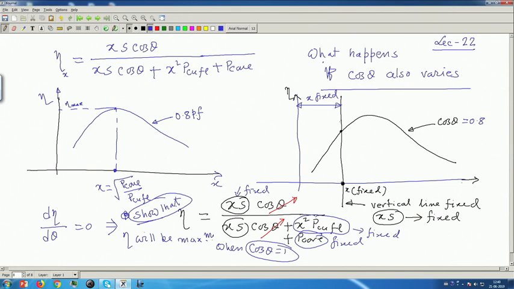You have to simply differentiate it and show that, at a given kVA, this is the transformer.